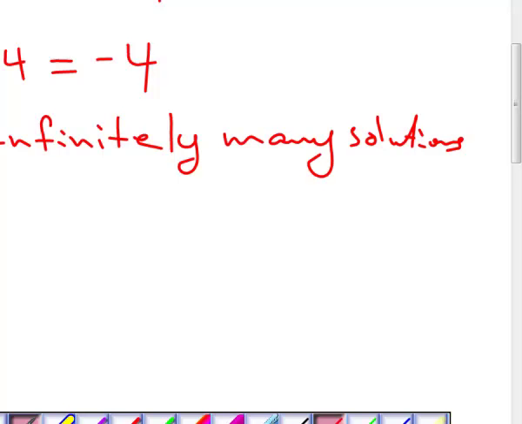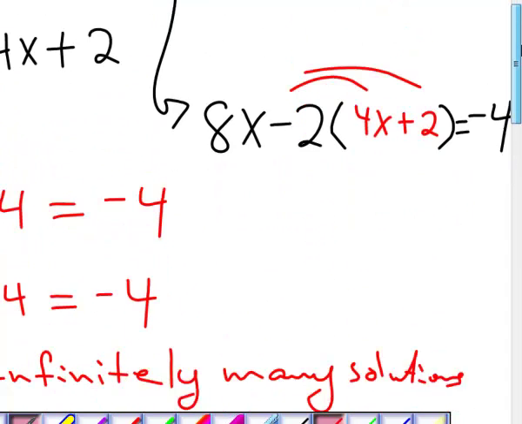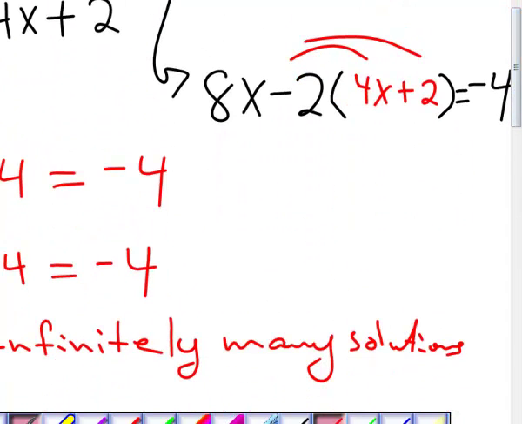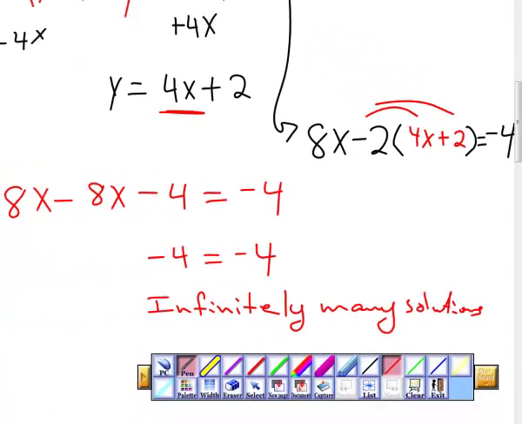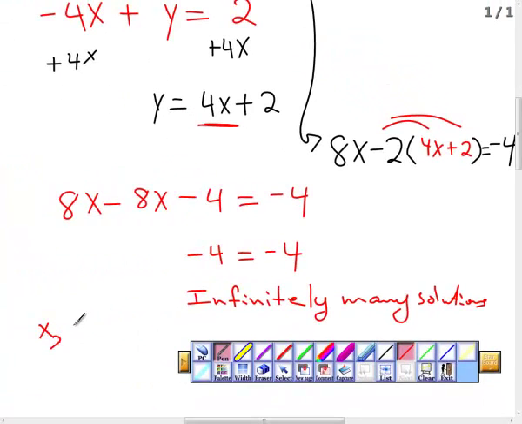And in that case, what you would do is, you see how we solve for y here? Our solution would be x, instead of x, y, right? We put x, comma, and then we put what y equals, 4x plus 2.